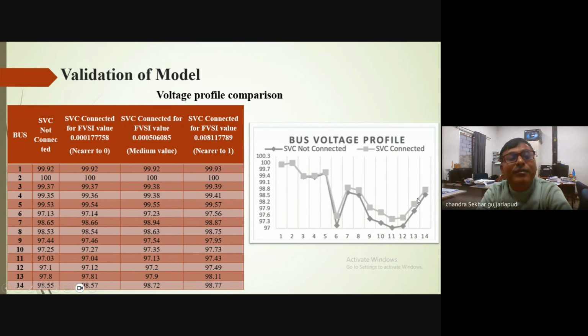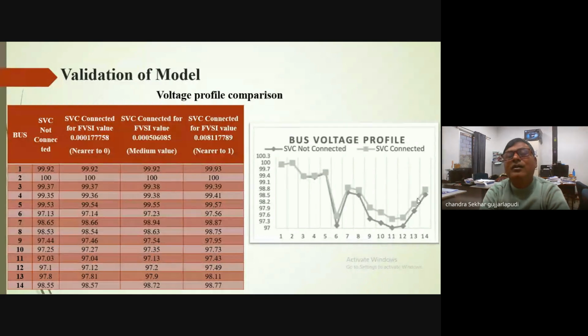So that means this is a very useful technique through which a power engineer, for a particular instant of time or for a particular loading condition, may understand which switch has to be operated such that the corresponding SVC can be operated, what the impact of that SVC will be, and what would be the corresponding FBSI.